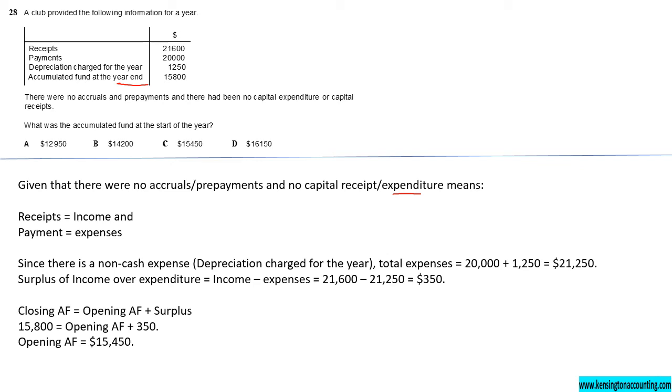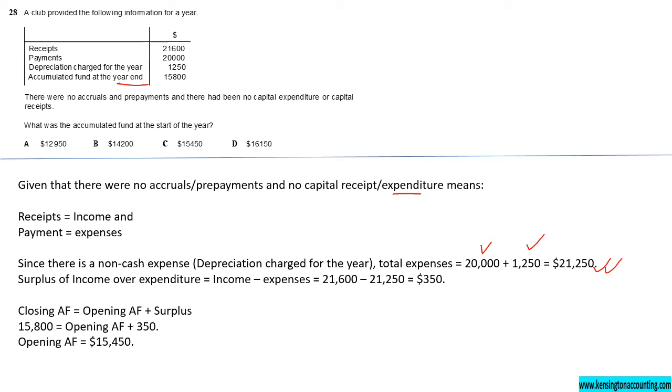Second, for the receipts, because there was no capital receipt, it means all the receipts are revenue receipts, and also because there were no accruals or prepayments relating to receipts, all these receipts were actually revenue income which was earned during the year.